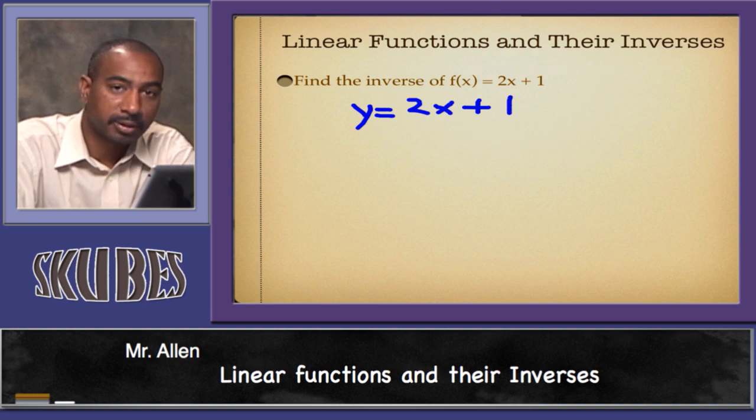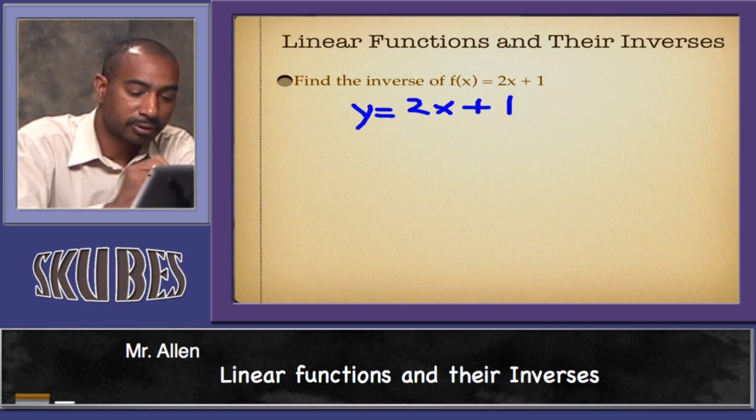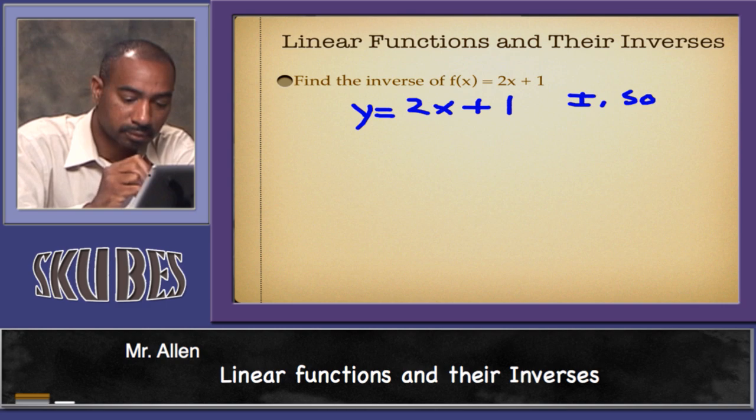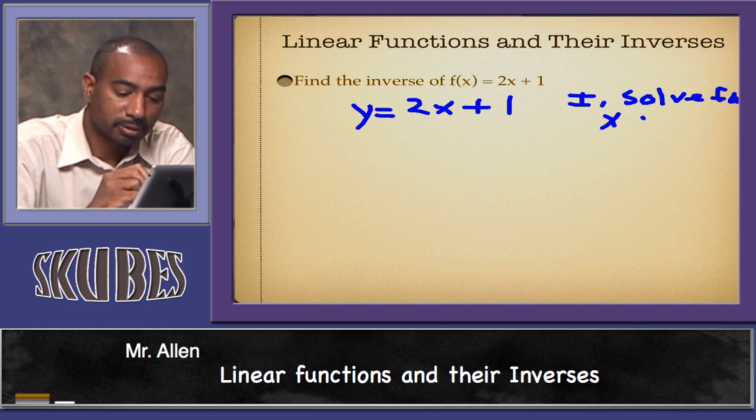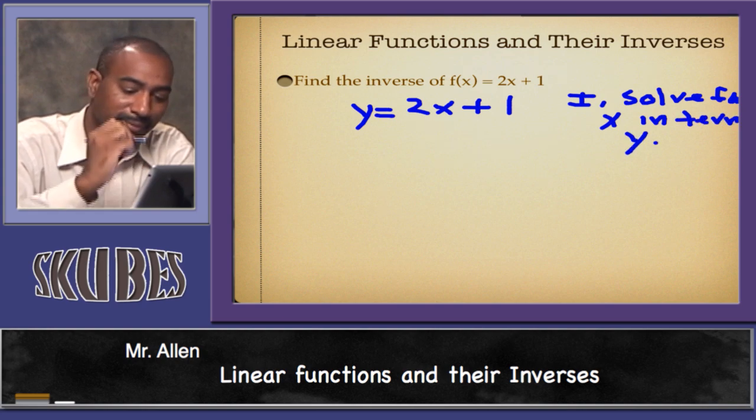And what we're going to do is solve for x in terms of y. That's the first step you do, is solve for x. You can have y in your answer though, so in terms of y, in terms of x. You solve for x in terms of y.